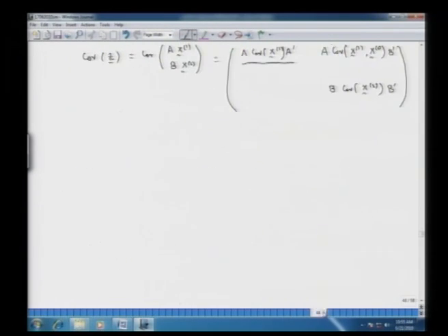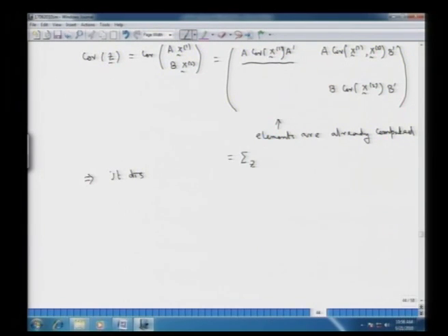Hence we already have all these elements computed, so that we can denote this particular term by this sigma z matrix, so that we have the joint distribution.